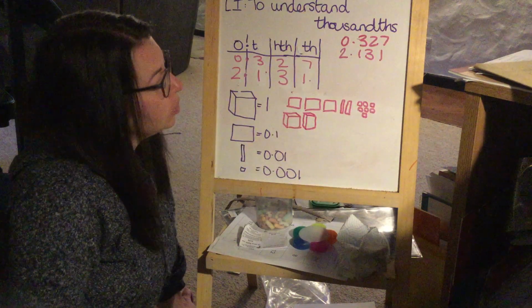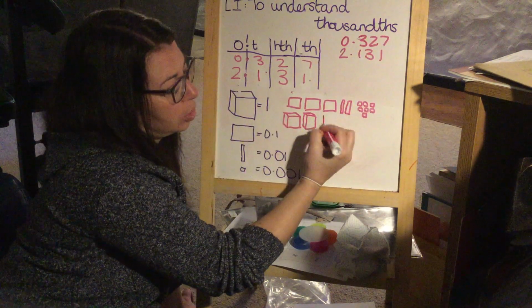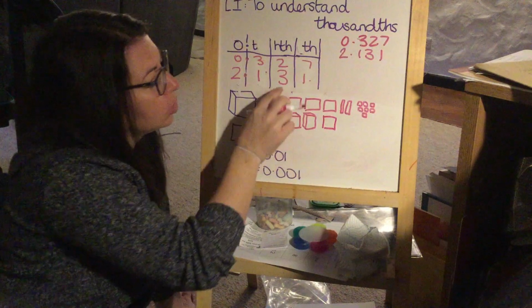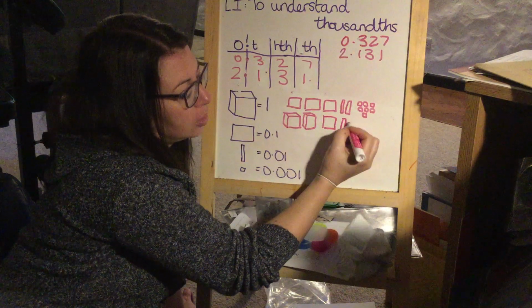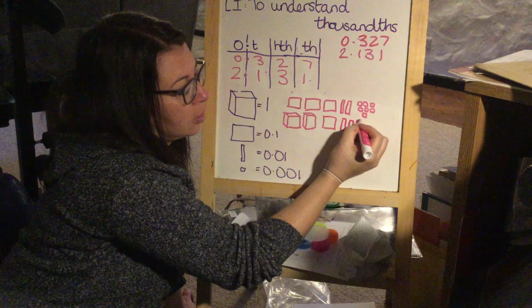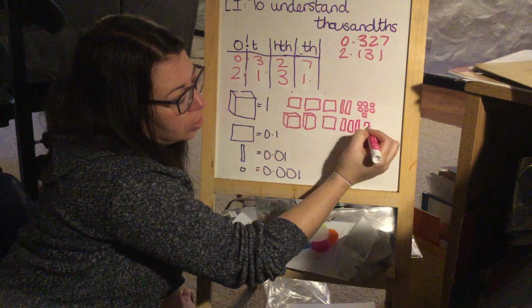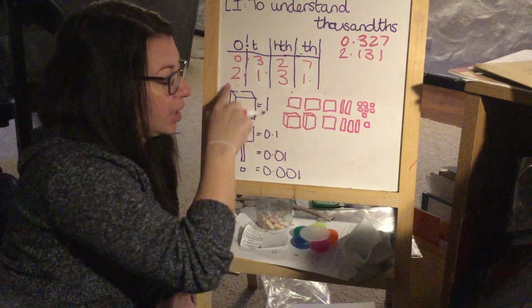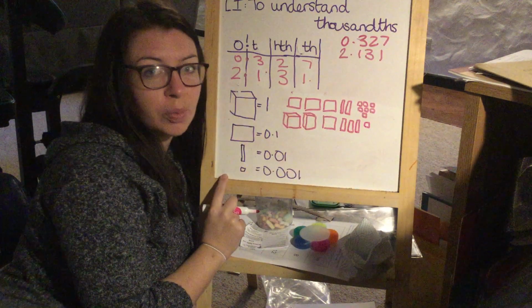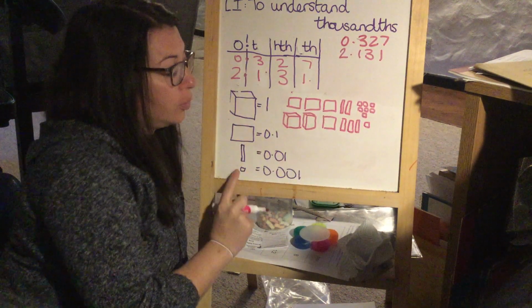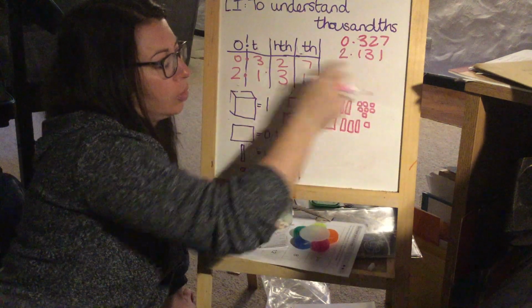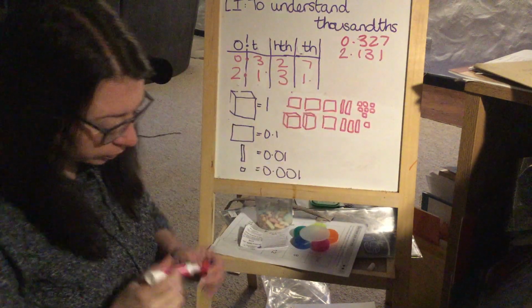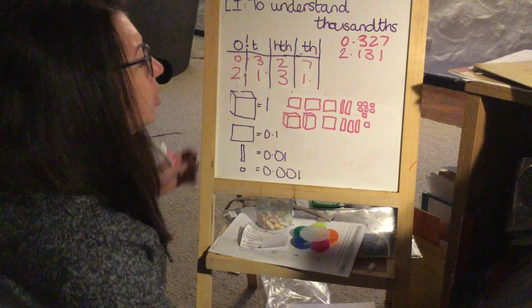So 2 of those, 1 of those, 3 of those, and 1 little one. It might help you to draw this in your book or on your paper, whatever you're working on, to help you to plan out how you're going to explain these numbers. I hope that's clear enough this morning.